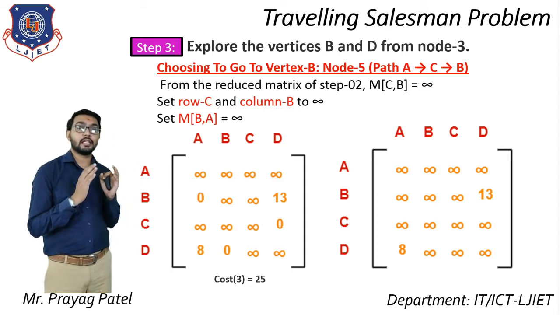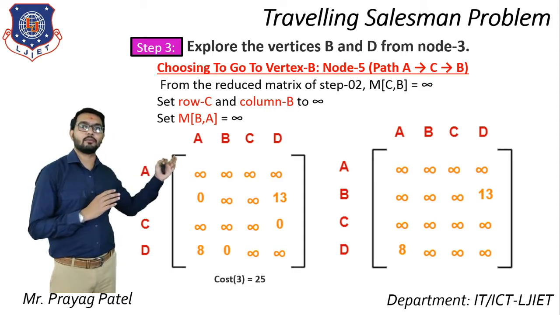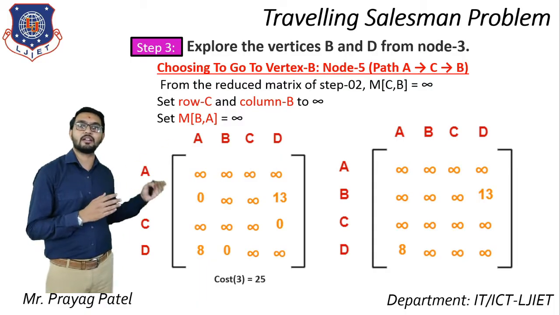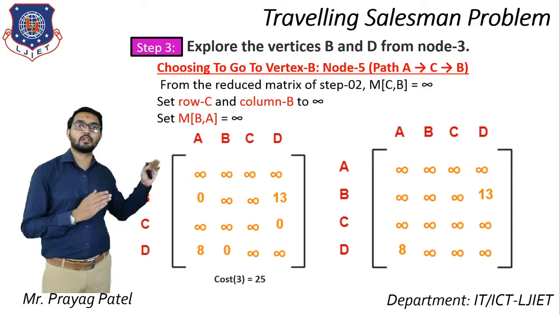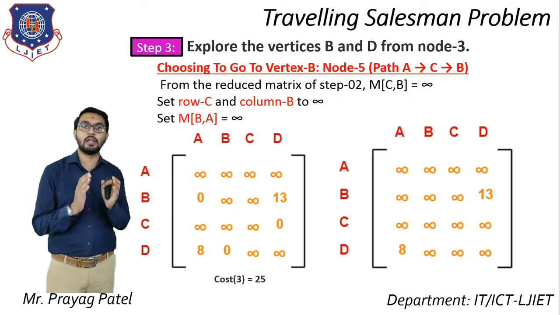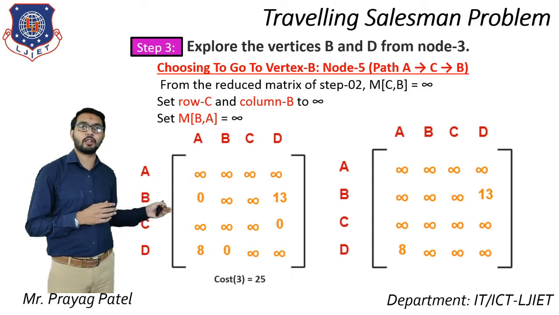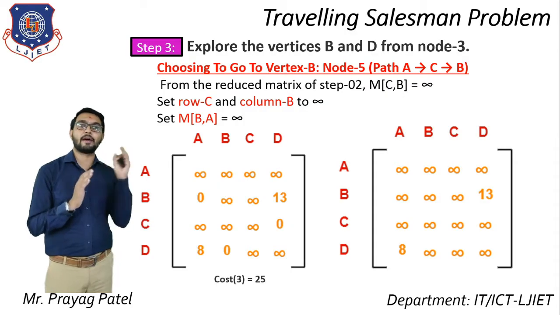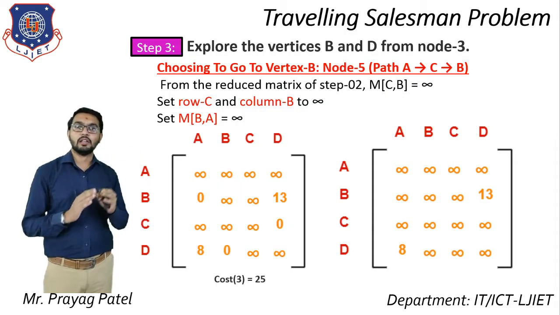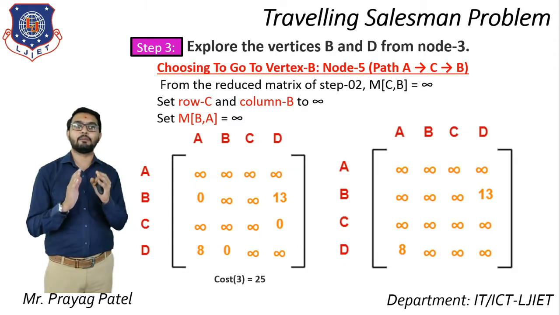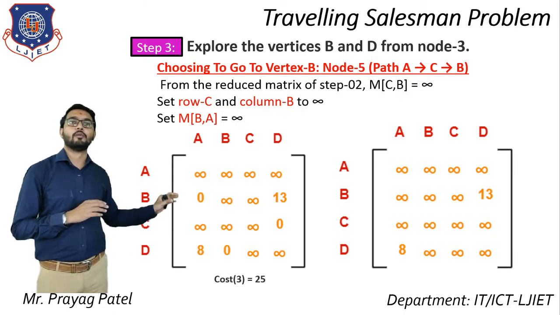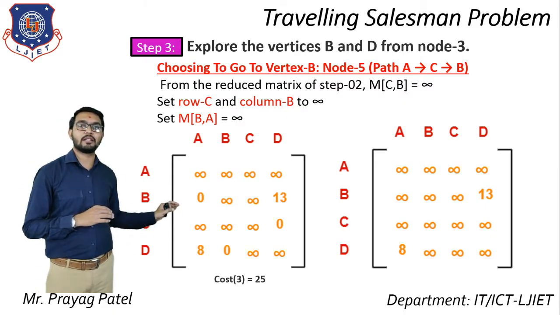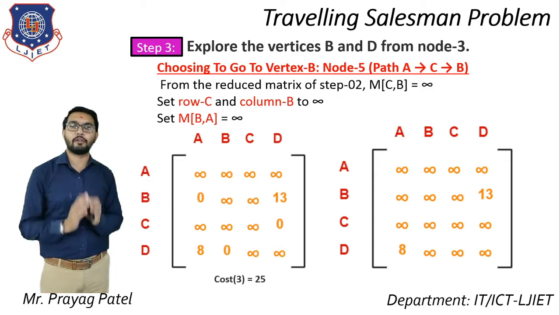Now for this reduction process, we take our input from step number 3, meaning node 3 is your input. So the matrix for node 3, when we find the path from A to C, is the reduced matrix after performing the operation for the path A to C. This reduced matrix is your input for this path, and this path has a cost equal to 25.